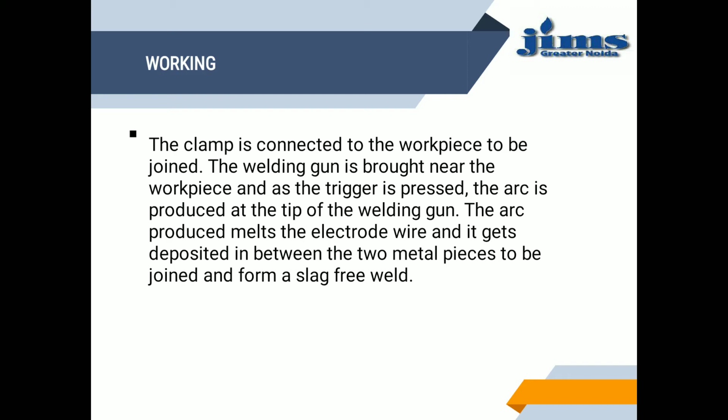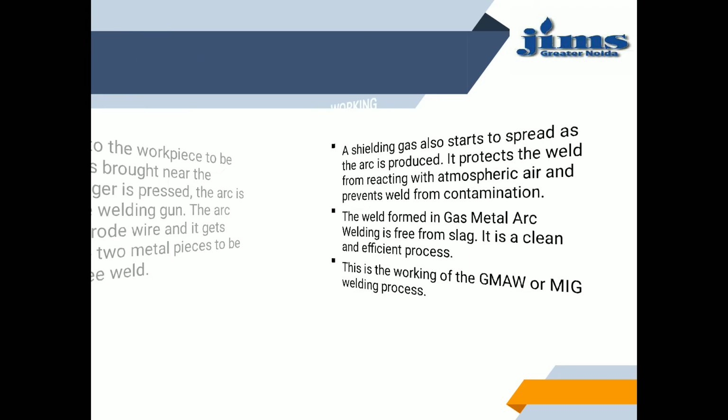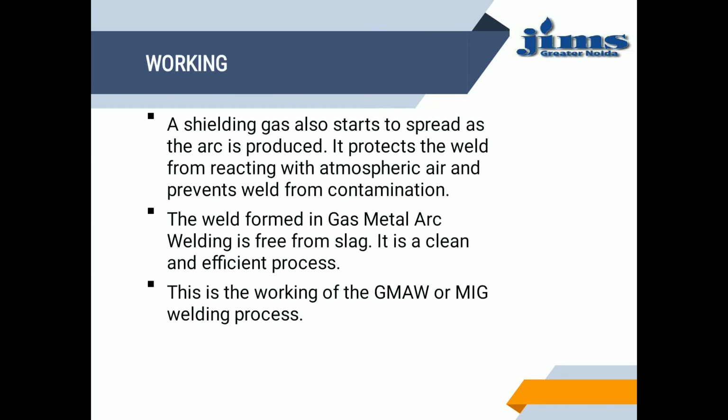The arc produced melts the electrode wire, and it gets deposited between the two metal pieces to be joined and forms a slag-free weld. Shielding gas also starts to spread as the arc is produced, to protect the weld from reacting with atmospheric air and prevent contamination.